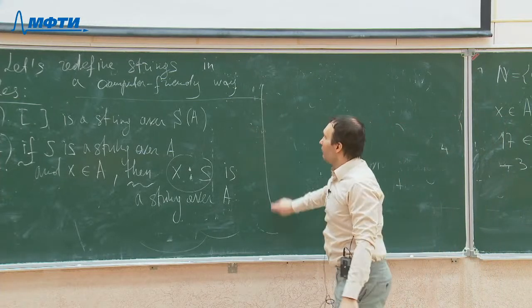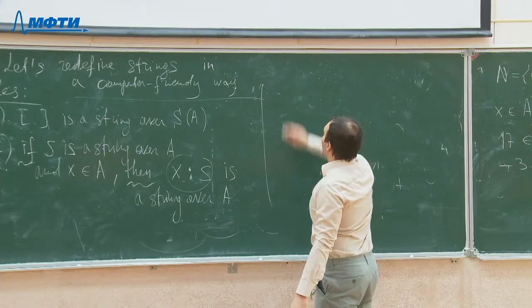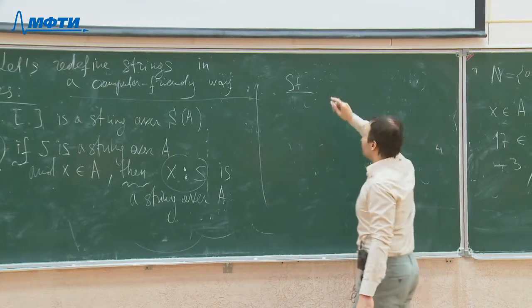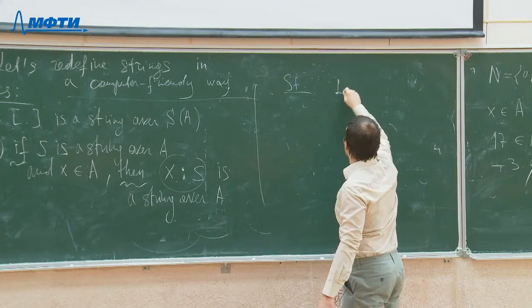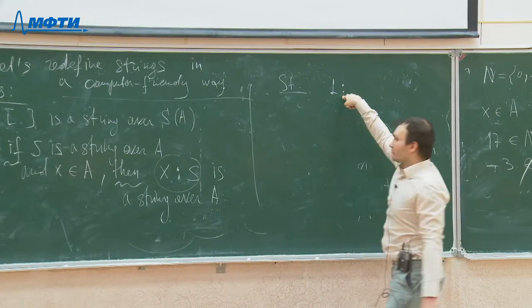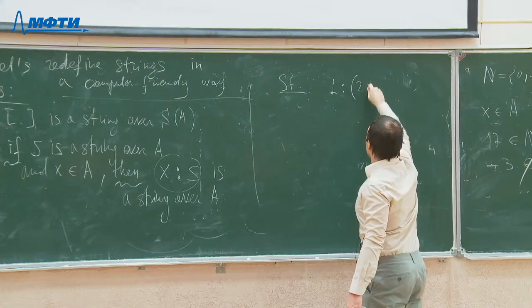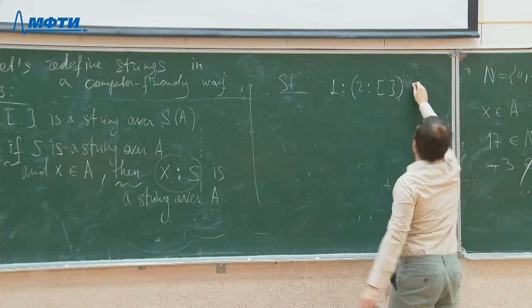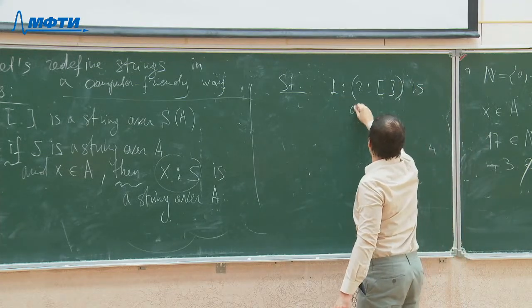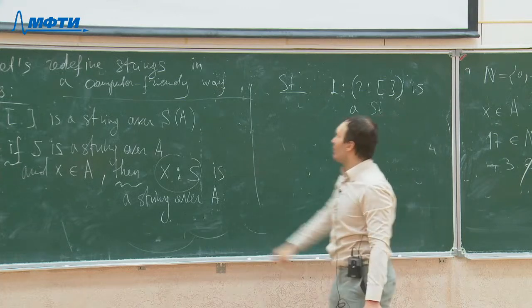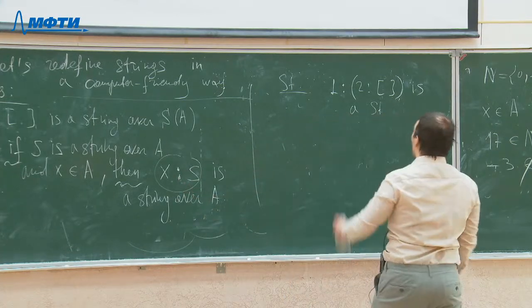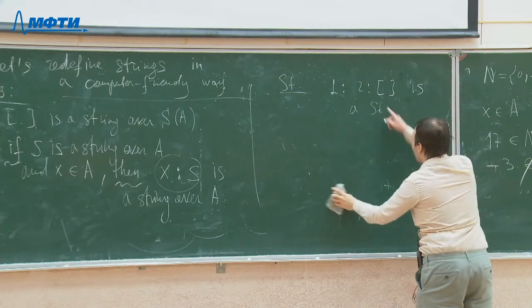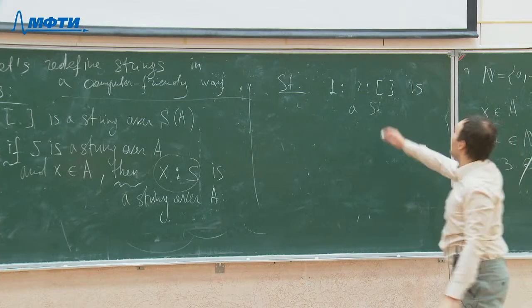Now, I can state the following statement. 1, 2 and our brackets. This is a string. By the way, we have no parentheses, no round brackets here.